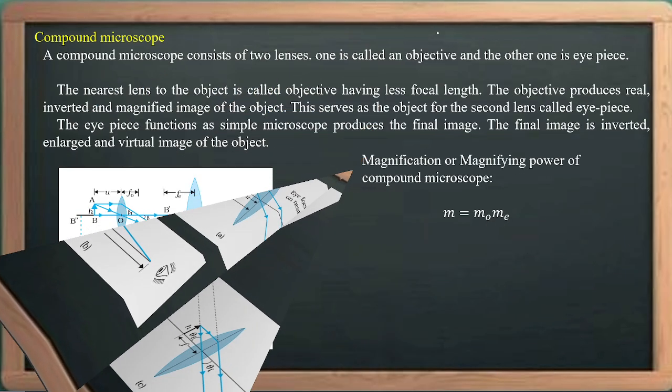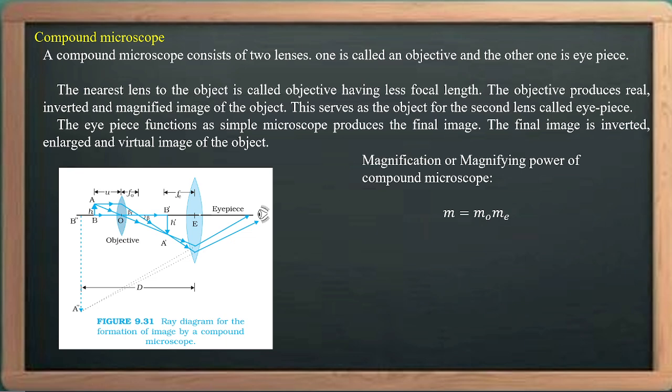Next we have the compound microscope, wherein we have an objective and an eyepiece also.